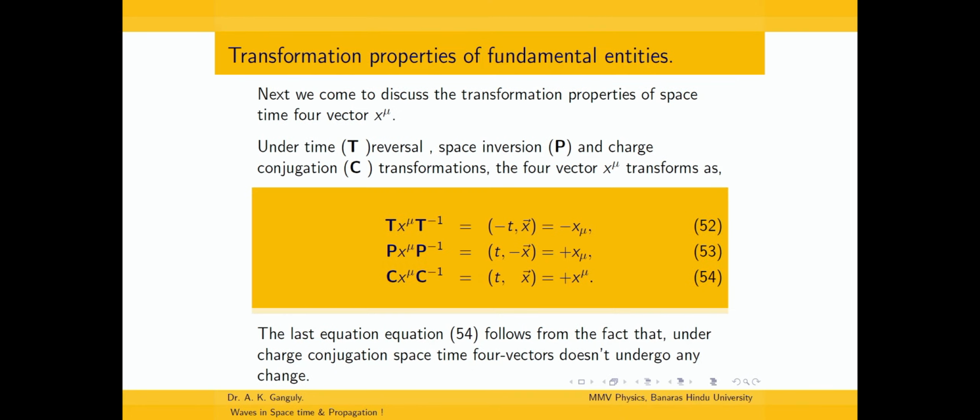So, under parity, a contravariant tensor will have its spatial coordinate with a negative sign, and a vector with spatial coordinates negative is equal to the covariant vector. So, under the operation of parity transformation, a contravariant vector goes to a covariant vector.